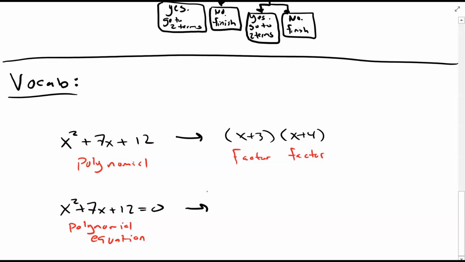What are the solutions to this polynomial equation? -3 and -4. How did you find those so quickly? Great. So we use the factors that we established in the previous step, set them equal to 0, and solved, right?